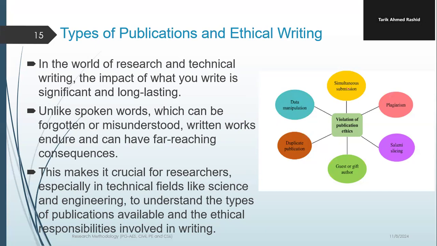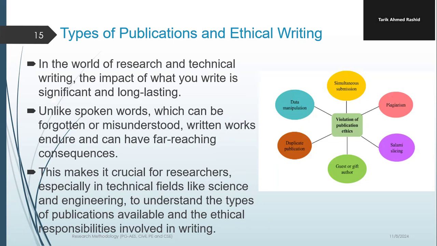Also, researchers have to avoid simultaneous submissions, where you send one submission to different publishers at the same time. Plagiarism, taking some part from some research work and using it for yourself, is not allowed.